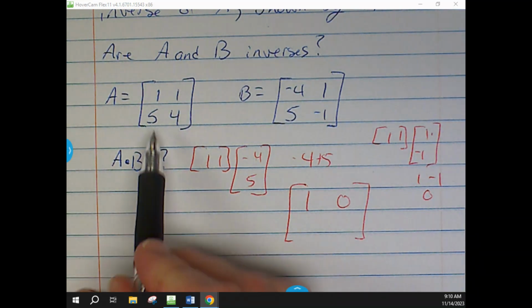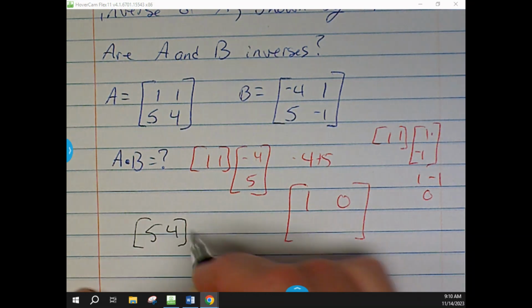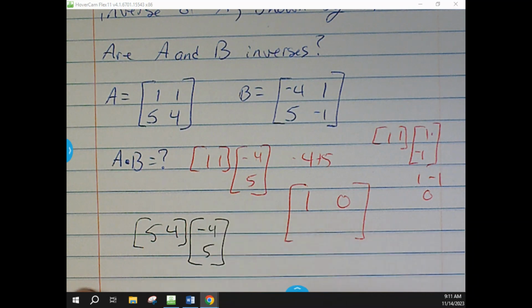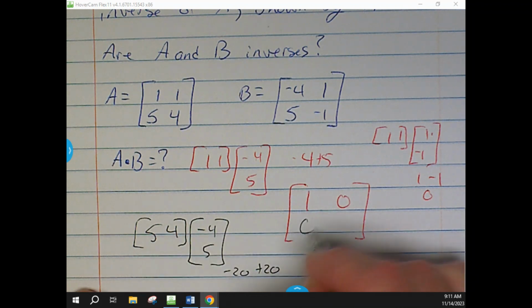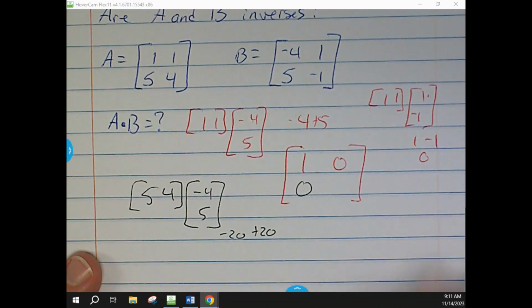Second row: 5, 4 times negative 4, 5. 5 times negative 4 is negative 20. 4 times 5 is positive 20. That one's 0. So far so good. If this last corner is a 1, then we're good to go. If it's not a 1, then they're not inverses of each other.